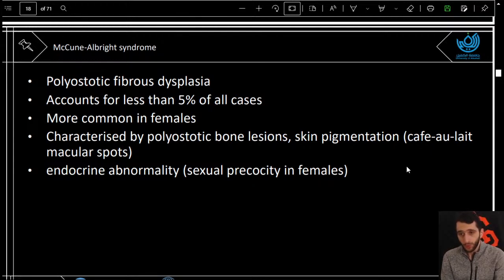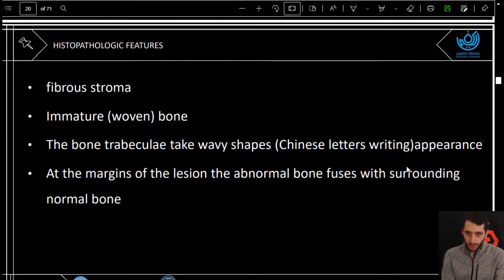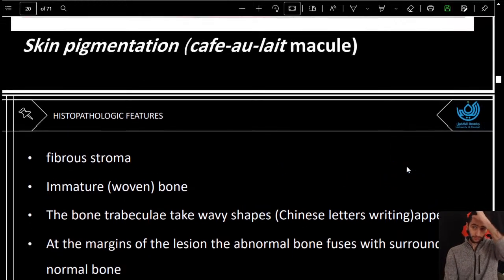So it is not only skin pigmentation but also a polyostotic type of lesion.